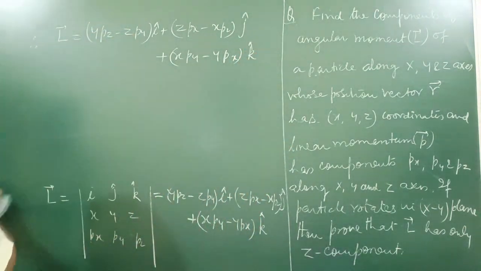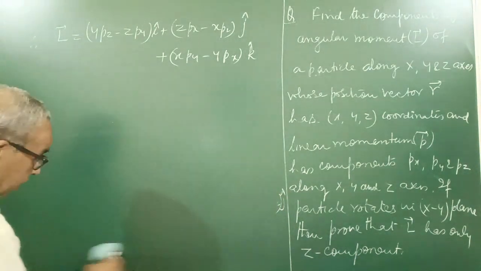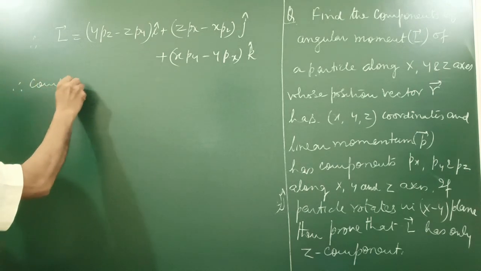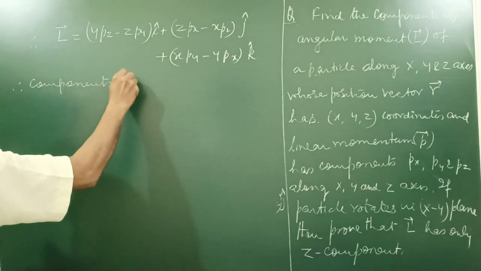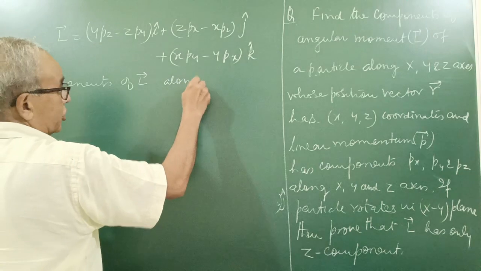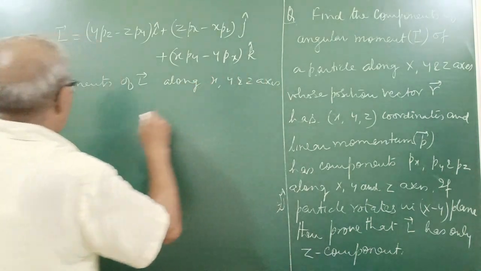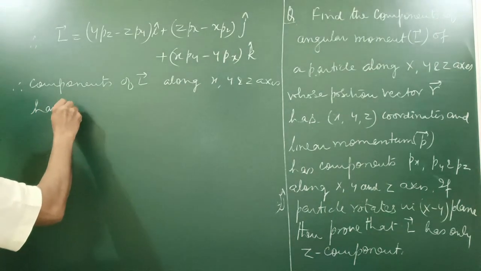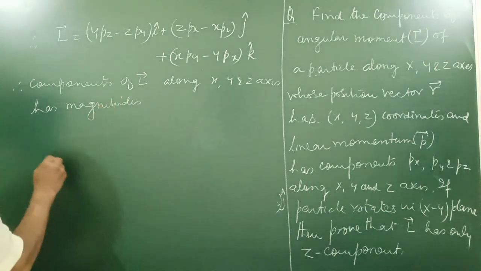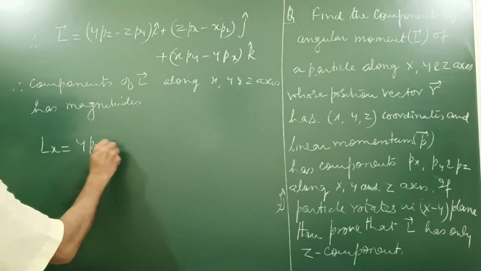Hence the components of vector L along the x, y and z axes have magnitudes Lx equal to y pz minus z py, we have proved it.